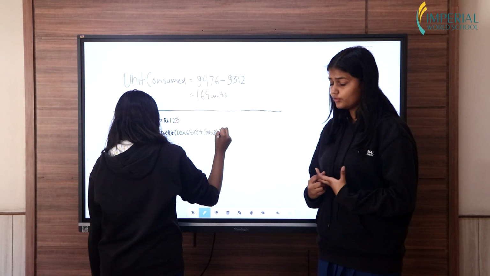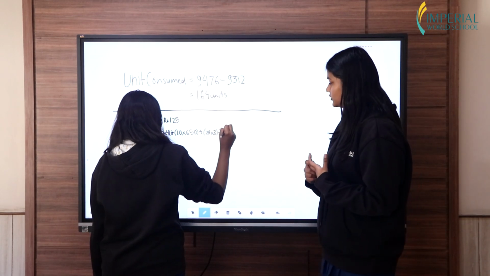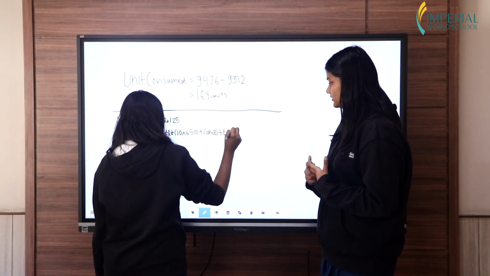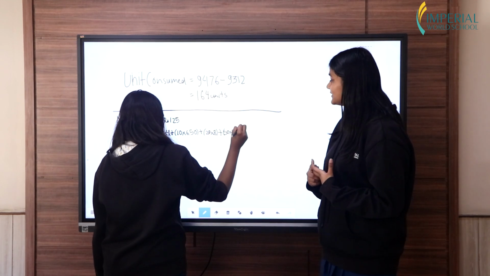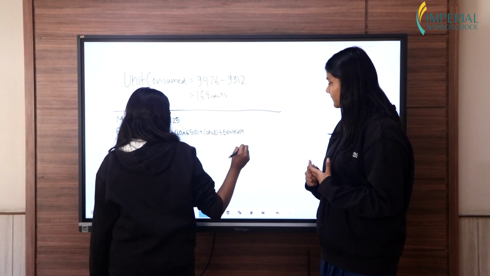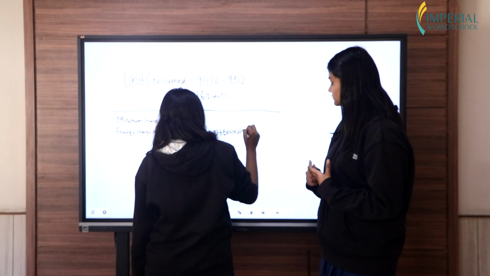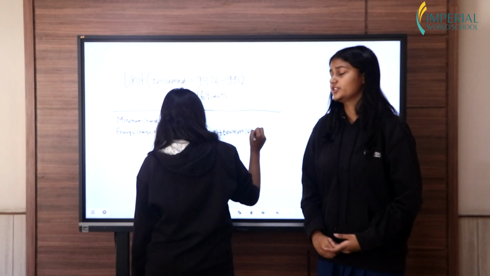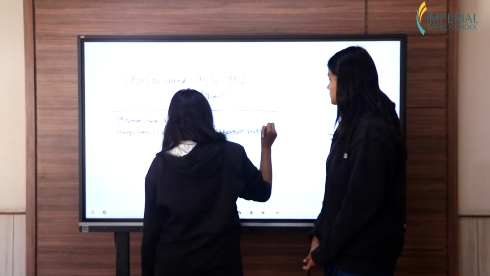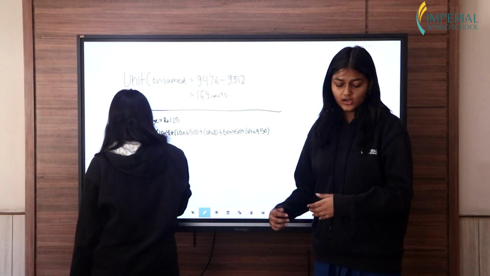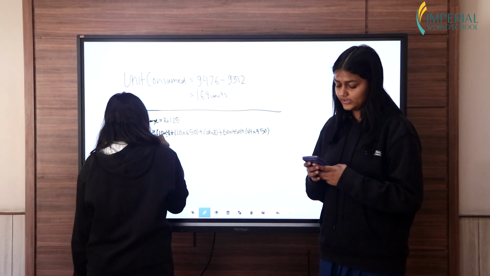Now for 50 units, the energy charge is 9.50. And for the last 64 units, the energy charge is also 9.50. So now we multiply each value and get all the needed values.